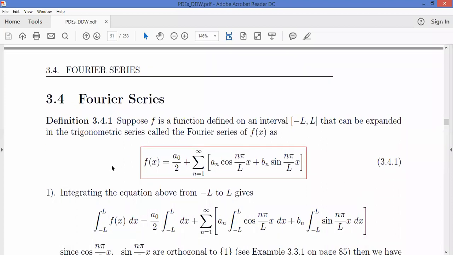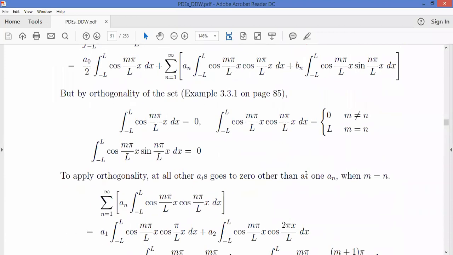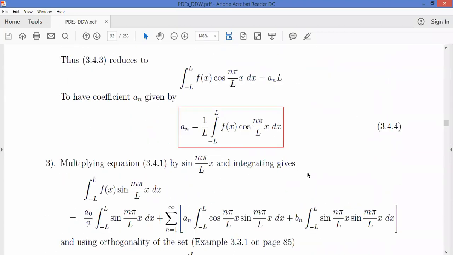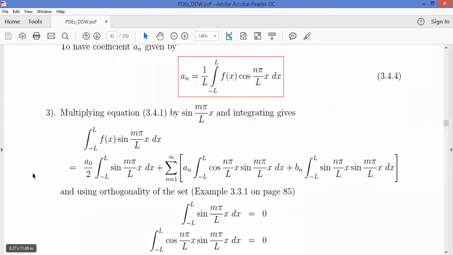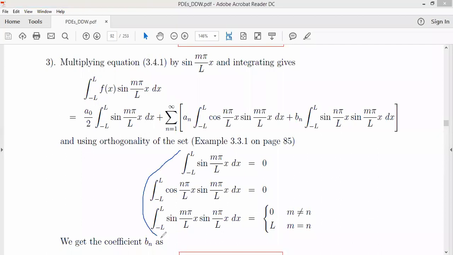We are now going to multiply it with the sine all through. We bring in those same definitions of orthogonality. That is this part, and then we'll get to the Bn. Multiplying equation 3.4.1 by sine m pi x over L, you bear in mind these are what we have been discussing here.